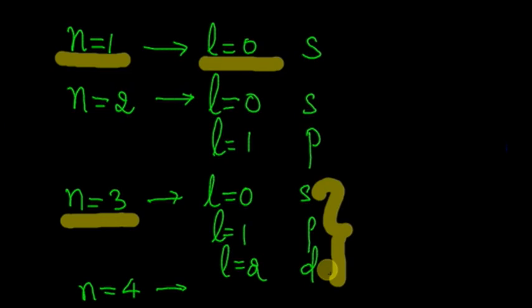Now let us go about writing the electronic configuration of an element. First, we start building up the orbitals. We know that we start writing the electronic configuration from the lowest energy level. So we always have to start from n equal to 1 and then keep moving into subsequent values of n. For n equal to 1, we have 1s.